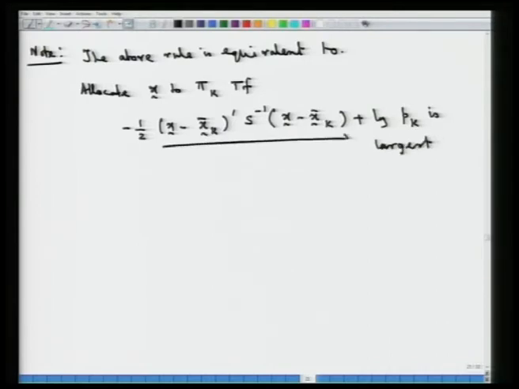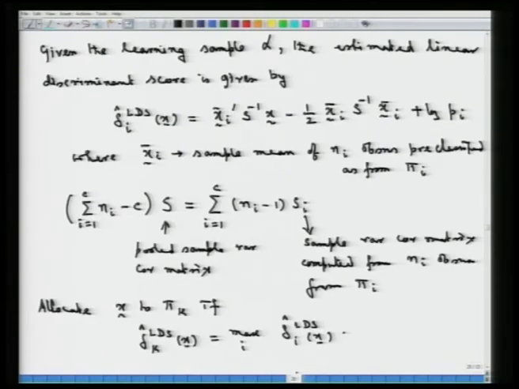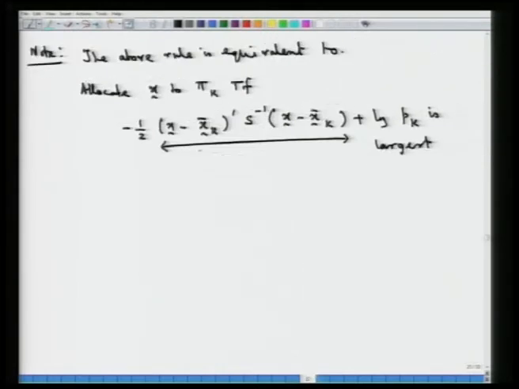This is so because the extra term we have added here, x transpose S inverse x, is going to remain the same for each and every population k. Hence, just by adding that term we are able to express it in terms of the distance squared d_i square of x.